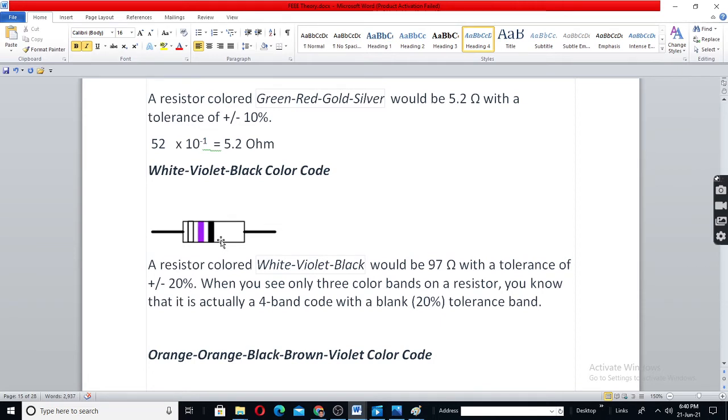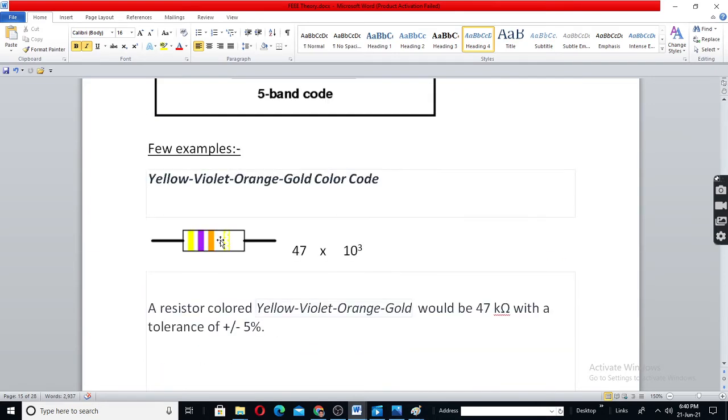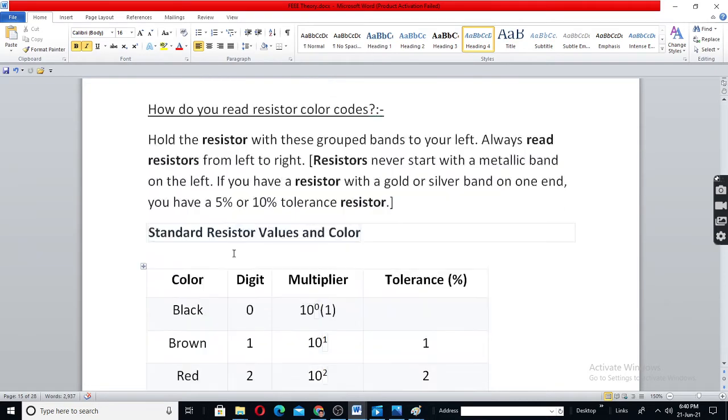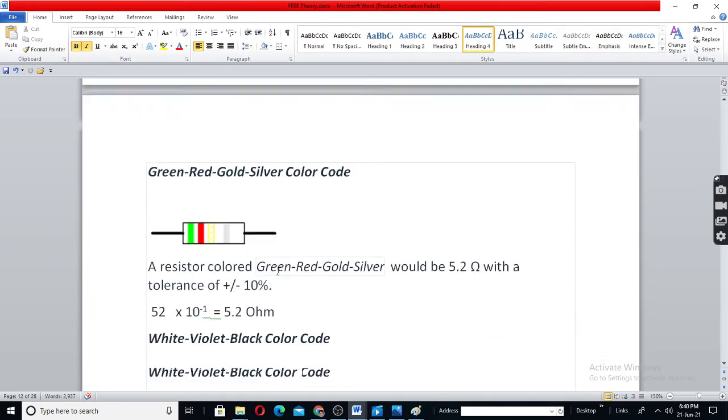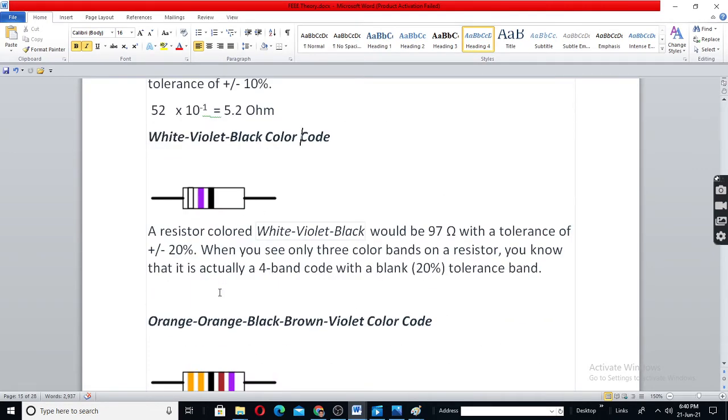Black means 10 to the power of 0, which means 1. Black is 0. So we will write 9 7, into multiplier as 0. So 10 to the power of 0 is 1, 97 into 1 is equal to 97 ohms.